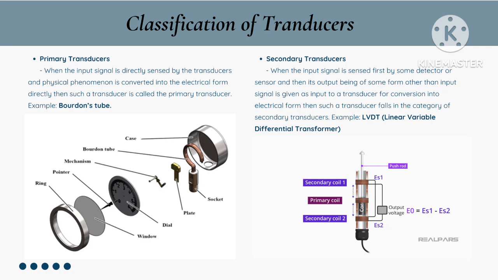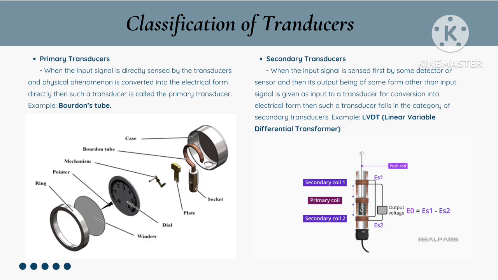The LVDT is designed to measure movement by producing an electrical output that is proportional to the displacement of the core. As the core moves, it alters the magnetic field inside the LVDT, which then causes a voltage signal.